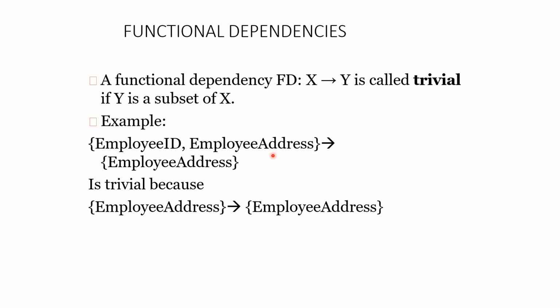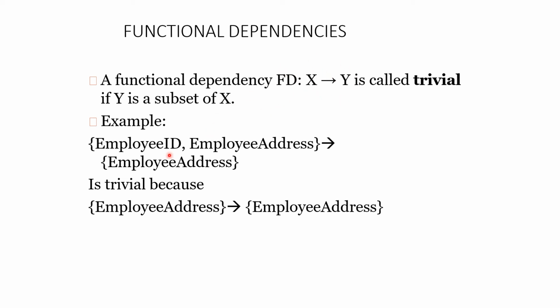A functional dependency FD such that X is functionally determining the Y attribute is called trivial if Y is a subset of X. So if Y is a subset of X, then this functional dependency will be trivial.